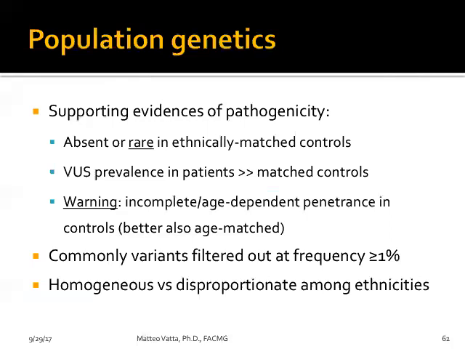So population genetics, case-control studies, large GWAS studies, can be useful to determine whether a variant is overrepresented in cases versus controls, so it's more present in disease than in subjects without the disease. But also keep in mind, again, there are variants with incomplete or age-dependent penetrance that can be in controls.